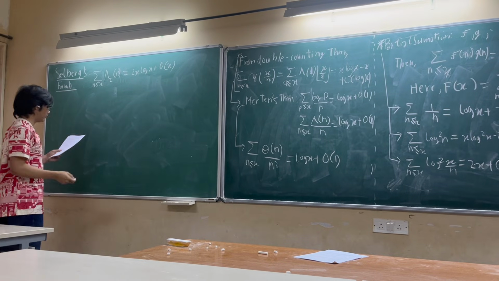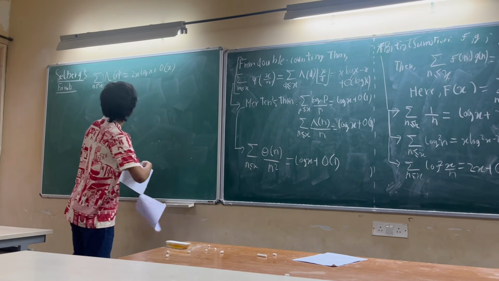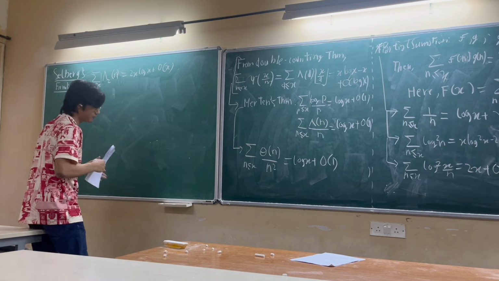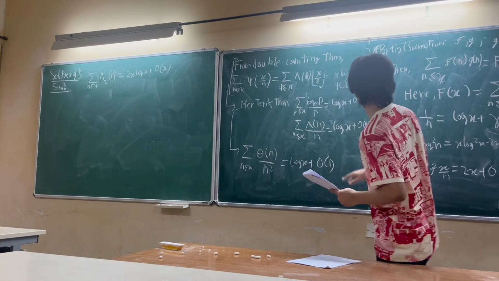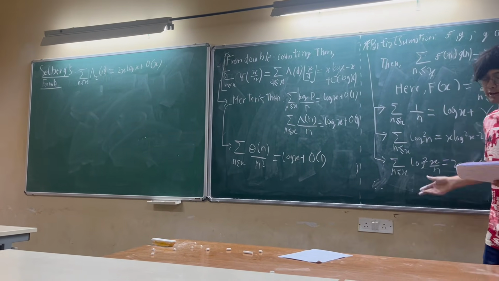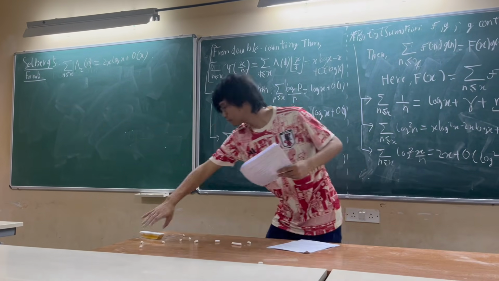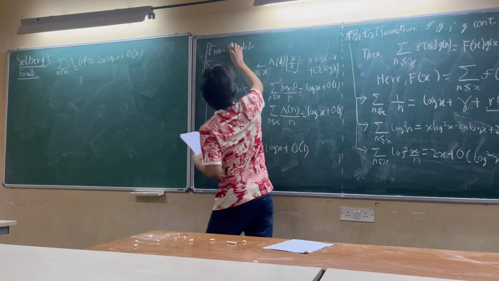This formula is at the heart of Selberg's proof. Proving this would require all of the stuff that we have been presenting so far, and the proof is quite long, so I'll clear the board in advance for that.